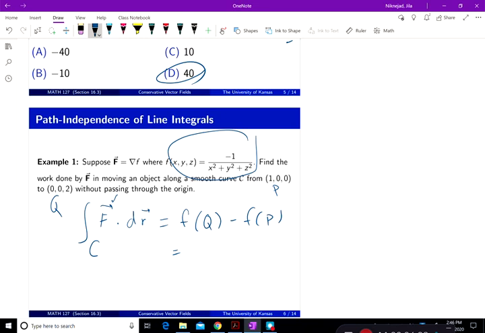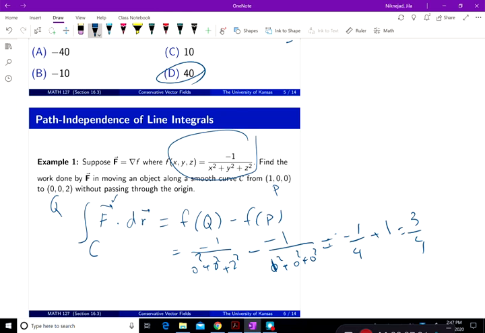And so in here, if I plug in Q, it is going to be -1 over 0 to the power 2 plus 0 to the power 2 plus 2 to the power 2, and for P I get 1 over 1 to the power 2 plus 0 to the power 2 plus 0 to the power 2. So this is going to be -1/4 plus 1, which is 3/4.